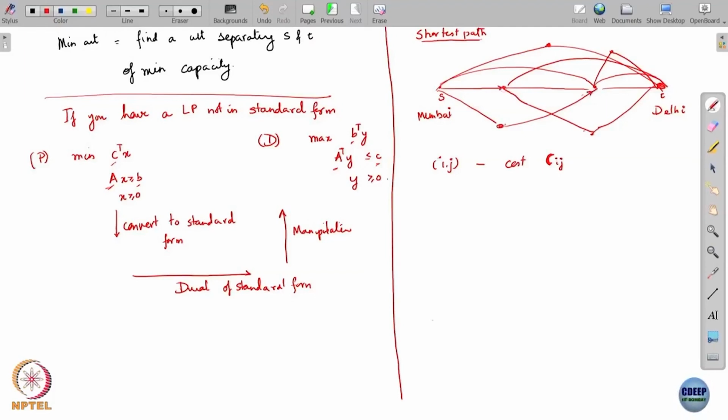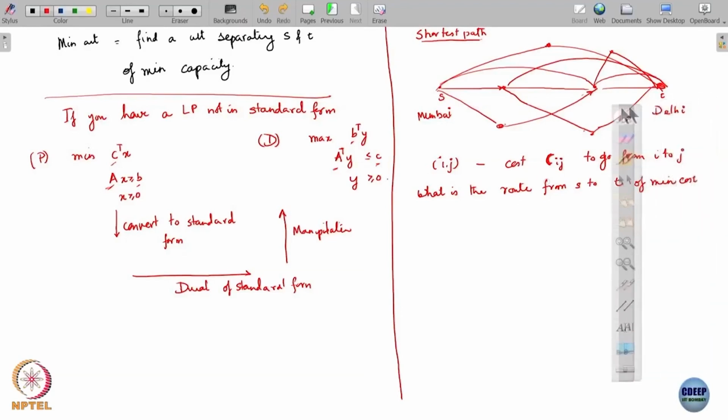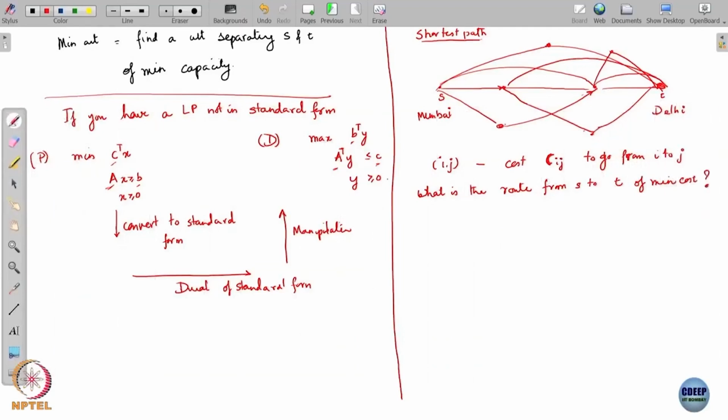There is a cost C i j to go from i to j. And what we want to know is, what is the route from S to T of minimum cost?